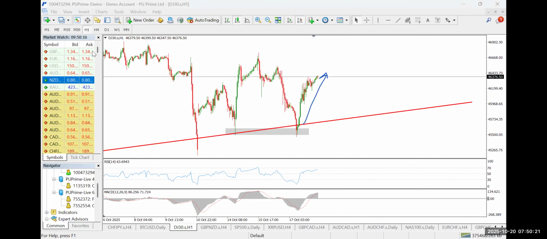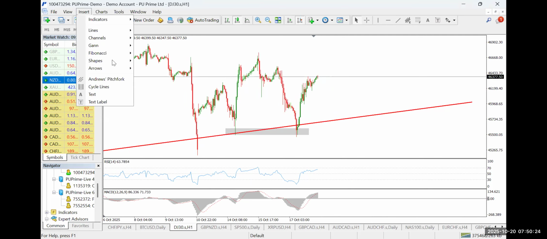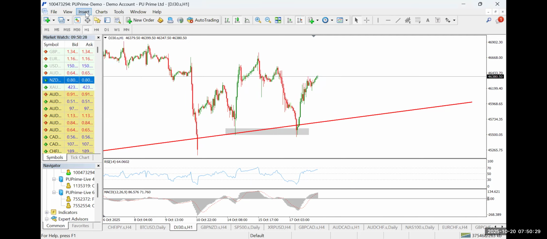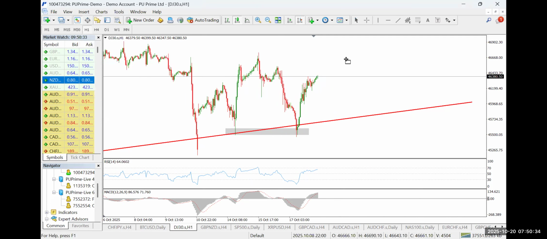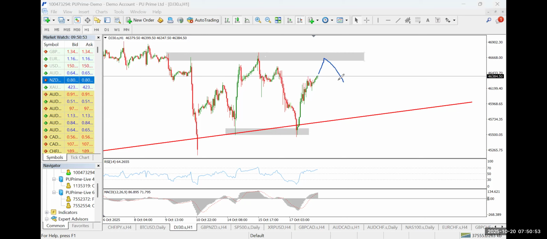But we can't neglect the fact that there is a resistance zone right here. So we may see price move up here, then drop. And that's the angle I want us to look at it for now.